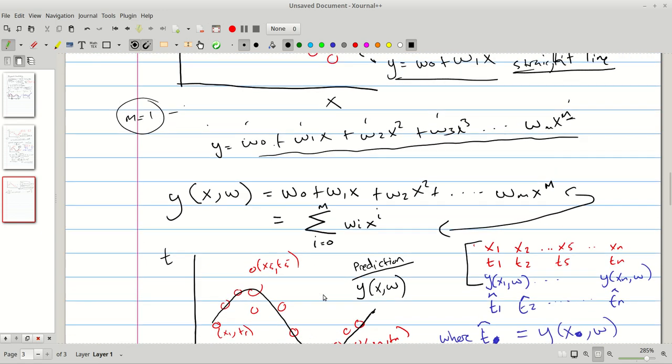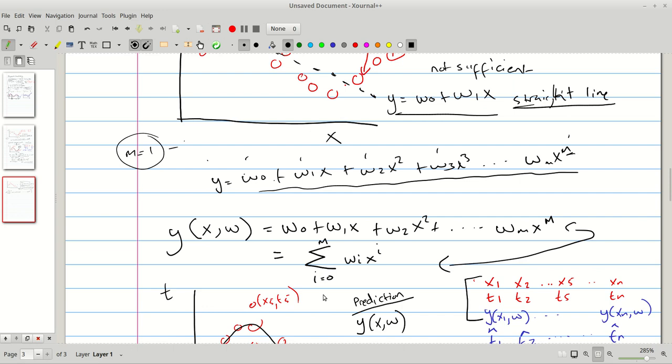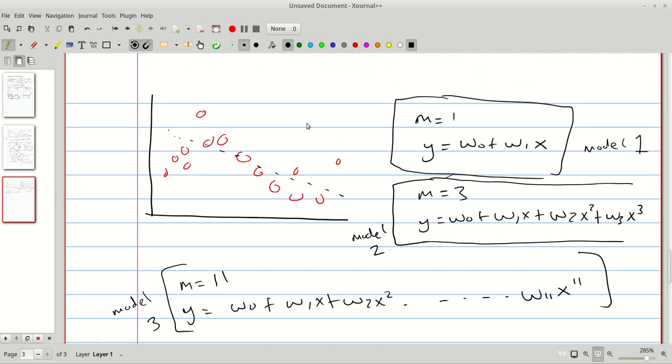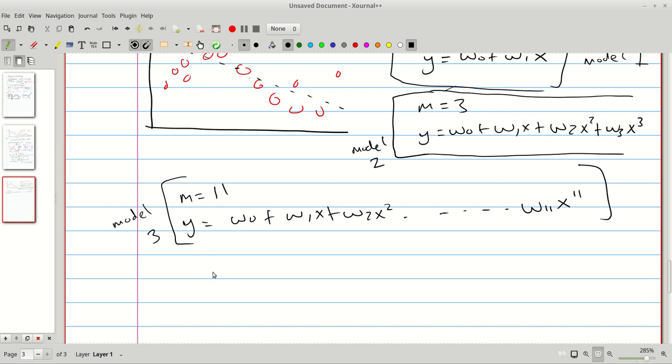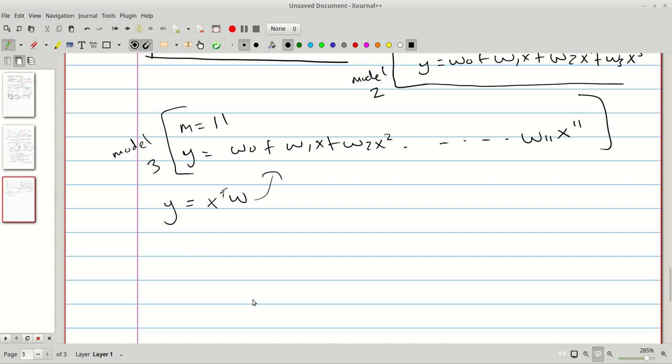We can write this as a dot product in matrix format, x transpose w equals y, right? If we represent our x as a matrix and our w as a matrix, we can just compute the transpose, and this is essentially what gives us the prediction.